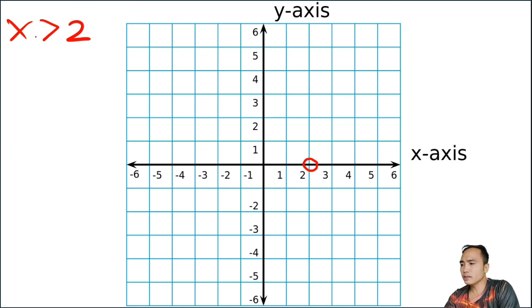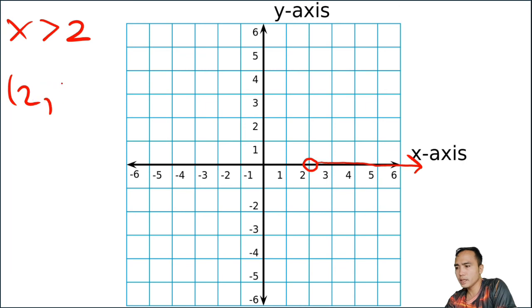X greater than 2 means those numbers that are bigger than 2, so we're going to draw our line going to the right. We have 3, 4, 5, 6 as the solution and so on. In interval form, it will be open parenthesis 2 going to positive infinity, close parenthesis.